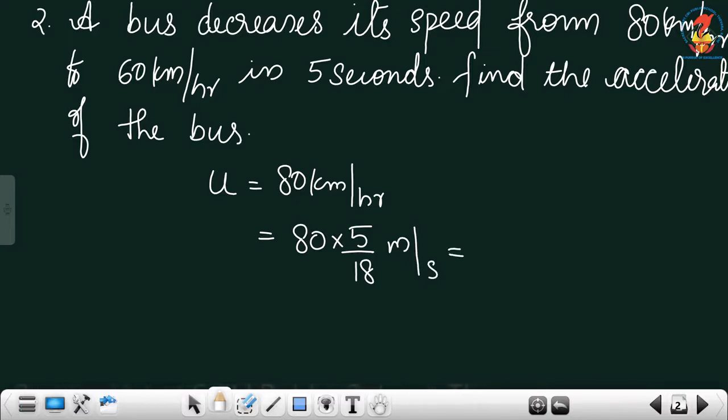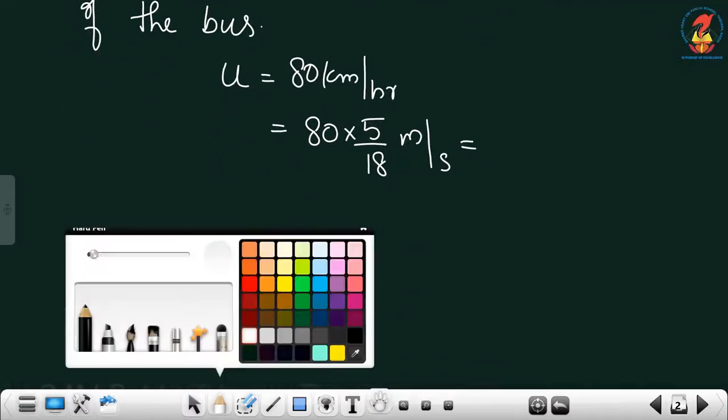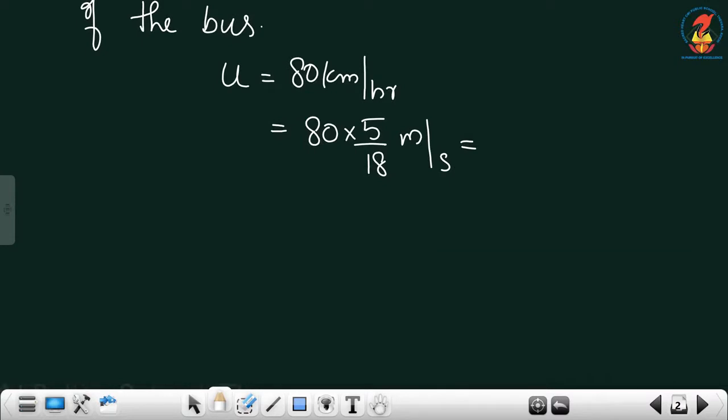Then this one I will do it for you. You will get the answer as 80 into 5 by 18. You will get the answer 200 by 9 meter per second.